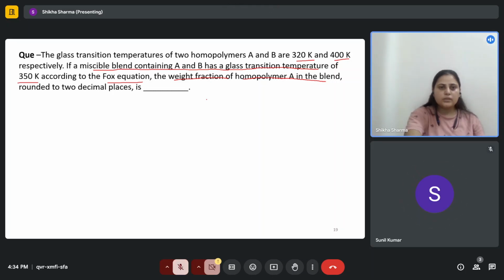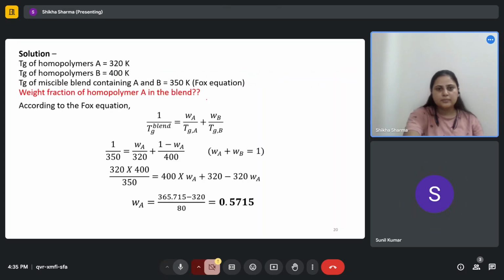So your answer is 0.57. Have you applied the Fox equation? Yes, so your answer is definitely correct.